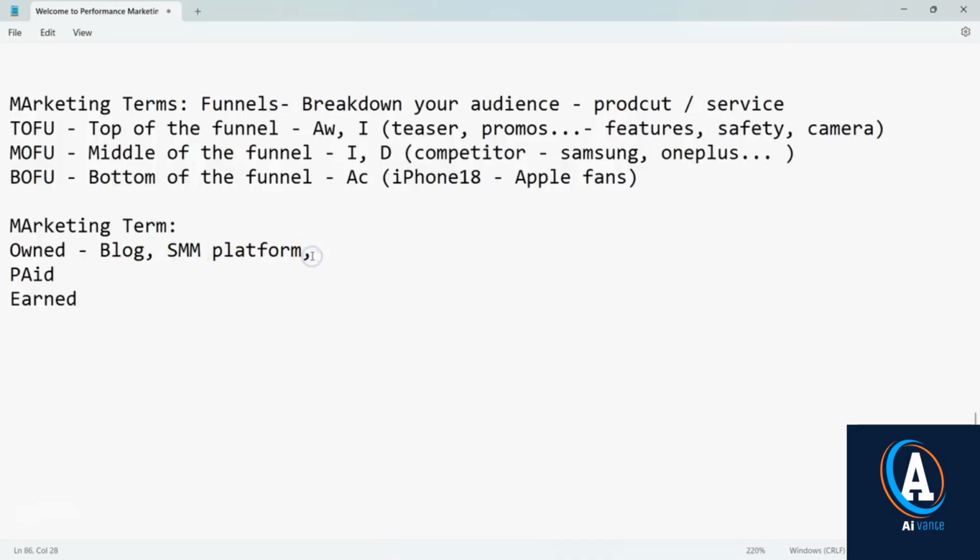So all of these are basically your owned platforms. So a blog called, say, applefansblog.com or something, which is your own property, officially. Then the social media platform would be instagram.com/apple. I think this is the official one. Same goes with Facebook, Twitter, etc.